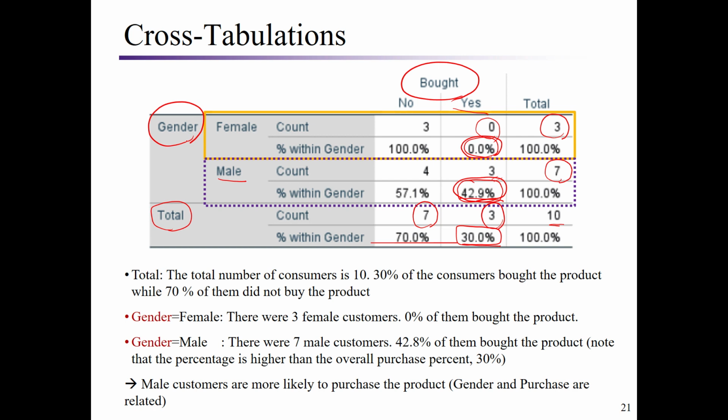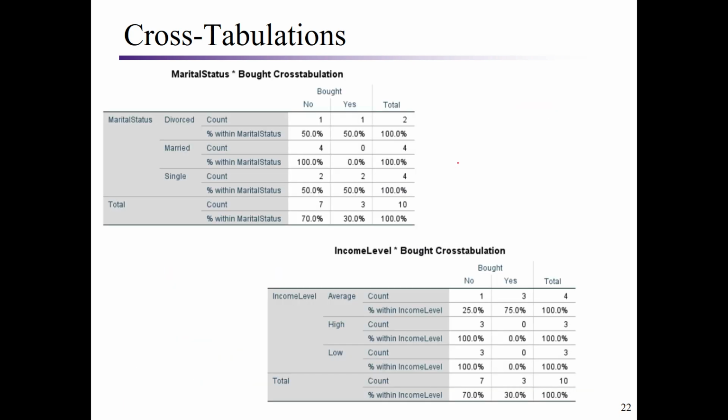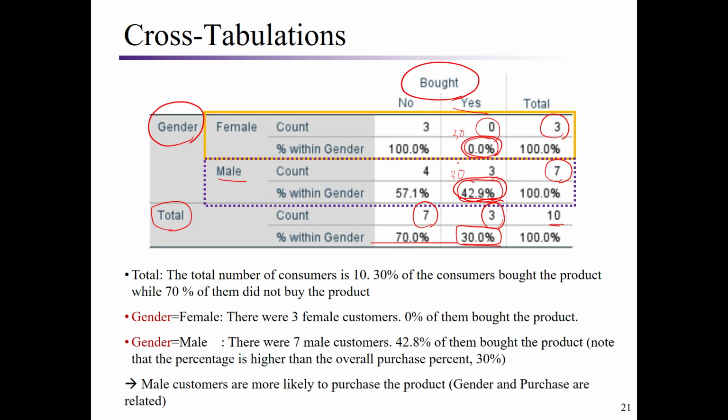If the purchase rates are similar, like 30% and 30%, different segments behave similarly, so we do not need to segment them eventually.